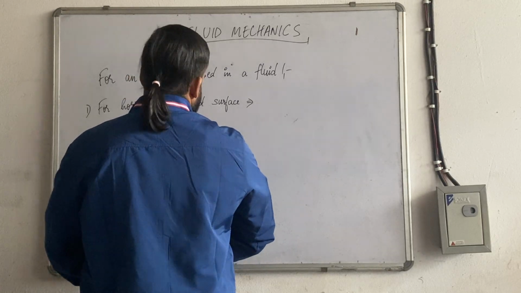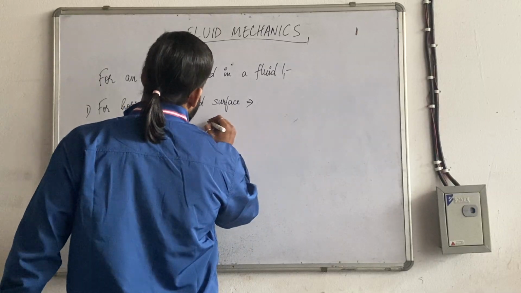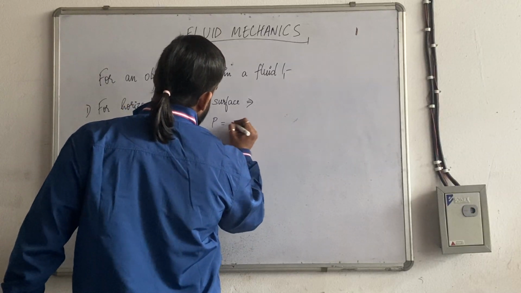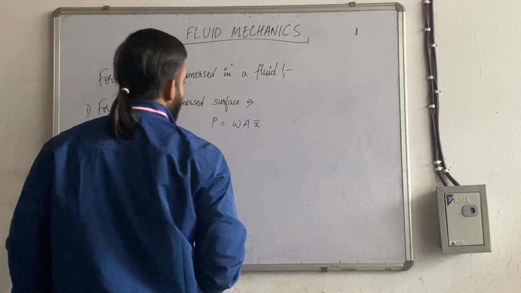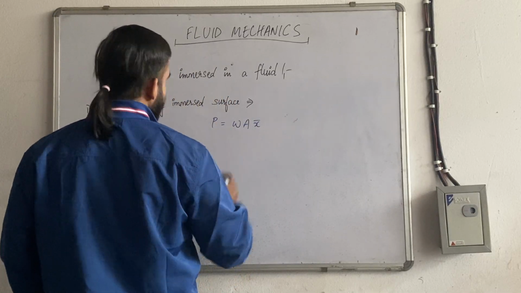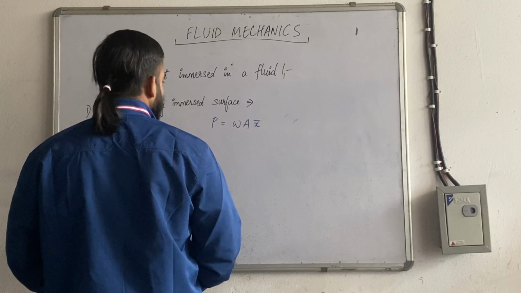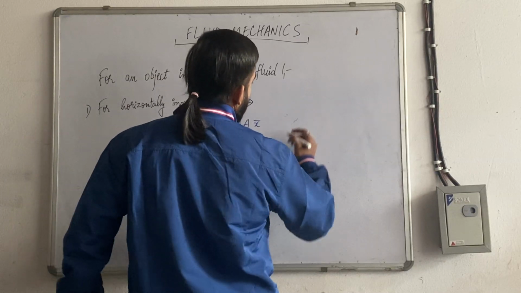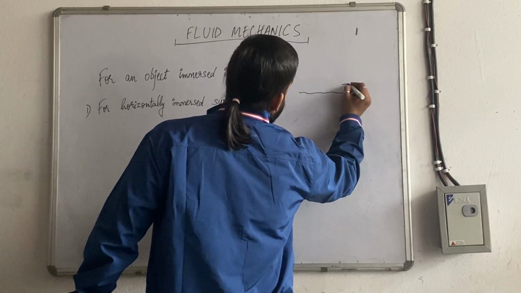Value of pressure can be calculated as P is equal to WA x bar, where W is the weight, A is the area, and x bar is the distance, which can be seen in the given figure.